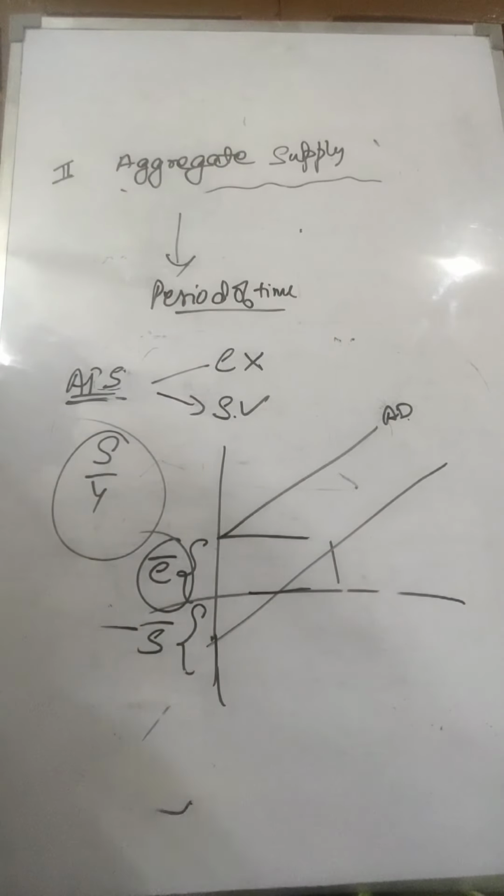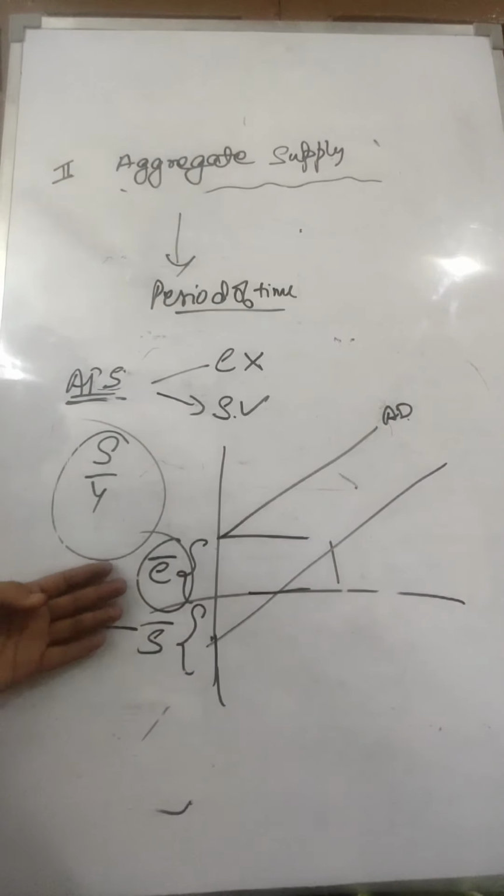APS can never be 1, because my savings cannot be fully equal to Y. As I said earlier, APC can be equal to 1, because whatever you are consuming can be the whole of your income, but you cannot save your whole income, as you need something for your autonomous consumption, right?